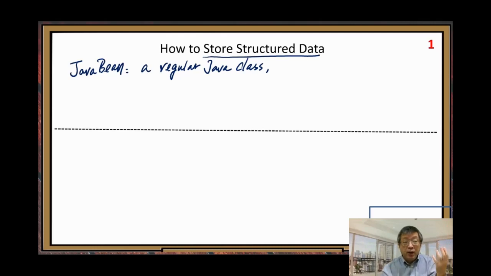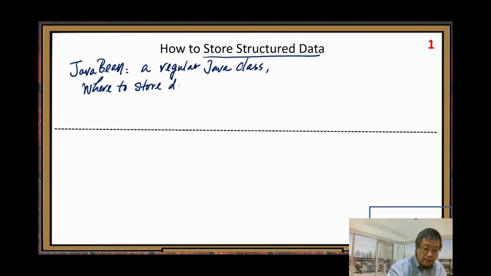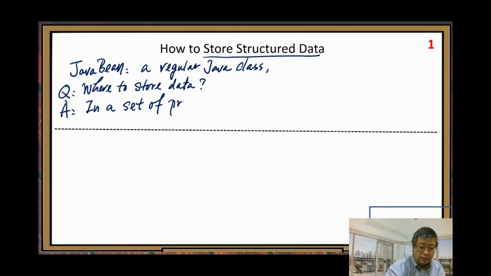Store data. Where to store data, right? For the first question, where to store data? Answer: in a set of JavaBean properties. So what are the properties?